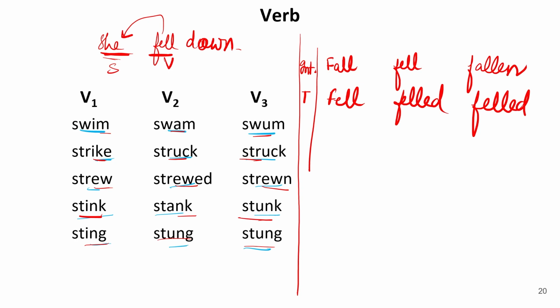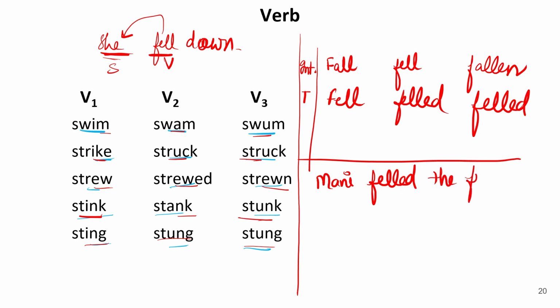For example, if I say money felled the fruit and vegetables. So of course it is fruits and vegetables. So here we'll write money felled the fruit and vegetables.